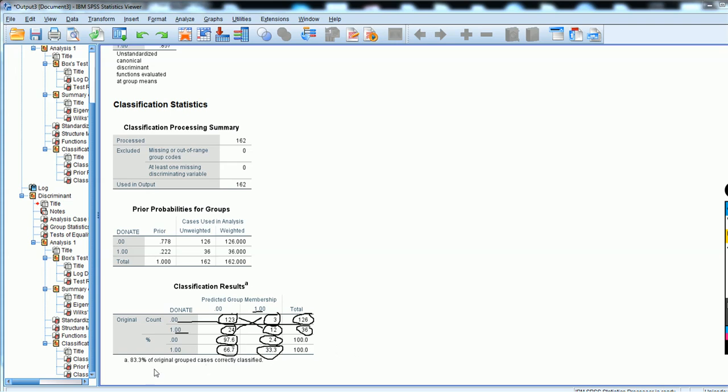So the long and short of it is that when we look at the overall fit, if you will, in terms of the classification results, we have pretty good prediction based on the model. But when we look more closely, we can see that the model is doing a much better job of predicting who will not express an intention to donate, because it's correctly classifying at about 98%, whereas the model is doing a pretty poor job of predicting who will express an intention to donate.